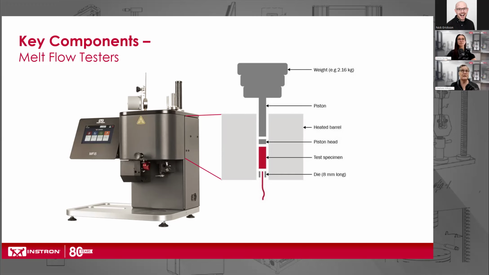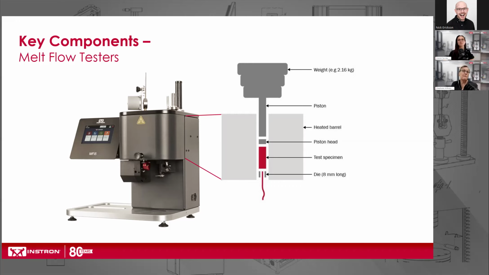In addition, the piston itself shall be a defined diameter and length, have certain characteristics such as witness marks on it, and the foot or the head of the piston shall have defined dimensions and lengths. In addition, you have the die that's located in the bottom of the tester.